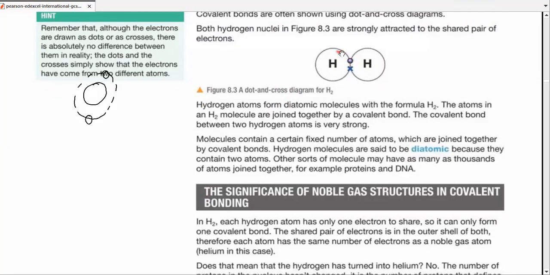Both electrons will revolve around both the atoms. They will go over here. So this atom would consider having two electrons, and then they will go like this. This atom would also consider having two electrons. So both hydrogen atoms would seem like they have the nearest noble gas configuration, in this specific case, helium. Let's clear it up, move forward.